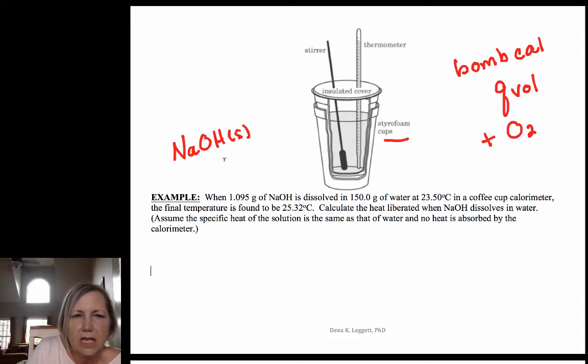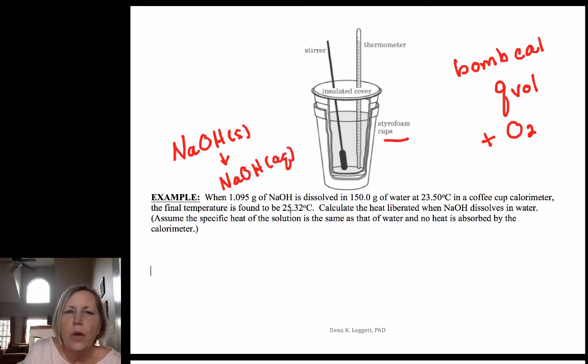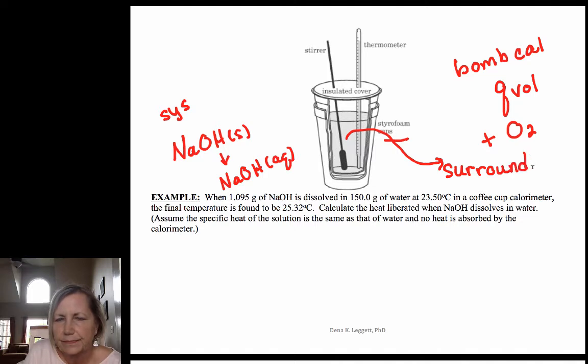So we're going to take the solid and make it aqueous. Now, that point at which bonds are broken and bonds are formed is our system. In this case, the bulk solution would be our surroundings.